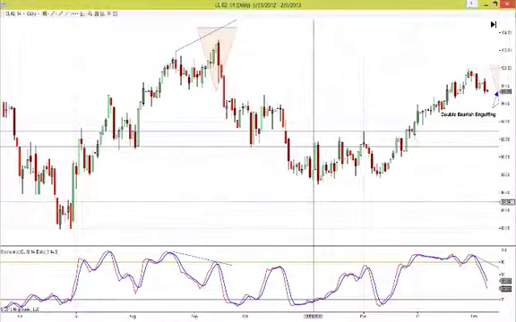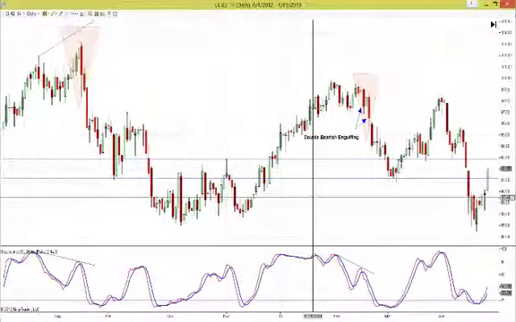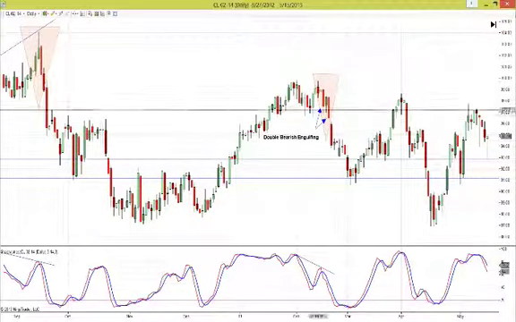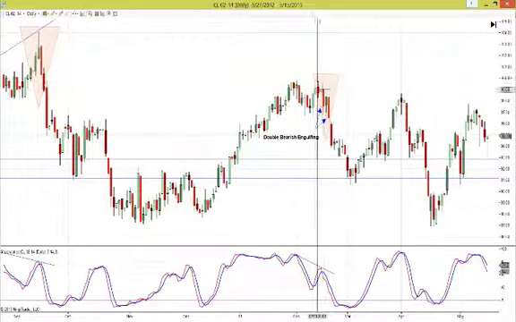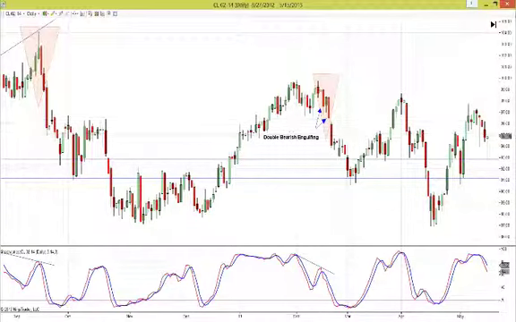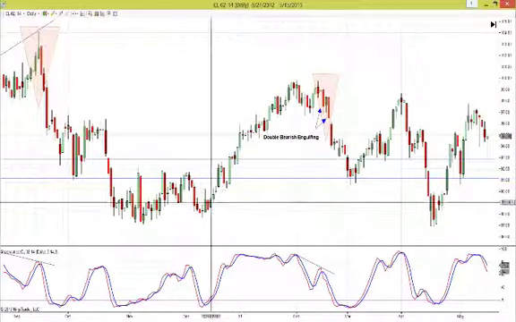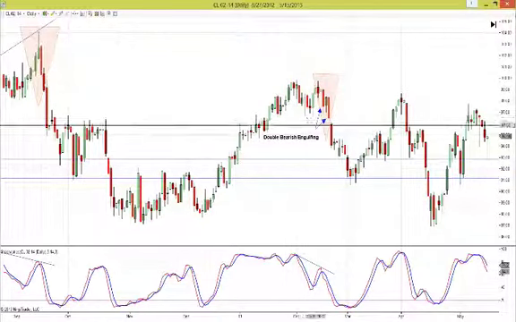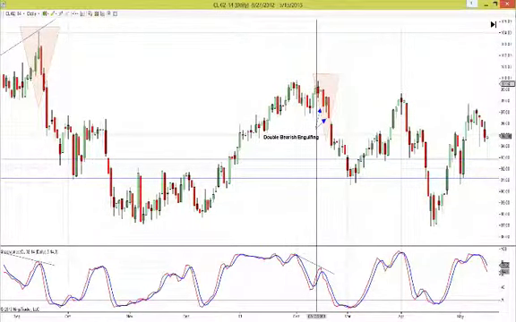Then we have another example here where we have a double bearish engulfing. It is double because we have this candle that engulfs this one and this candle that engulfs this one. It happened right at the end of a rally that ended up with what is known as a double top.